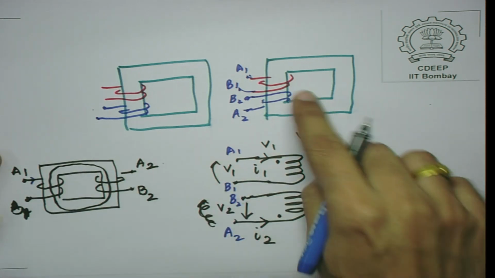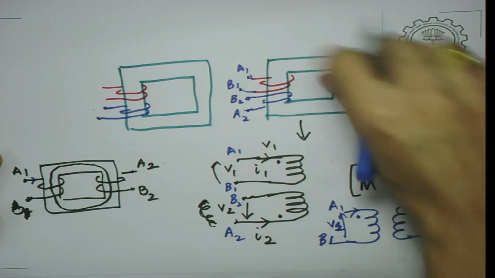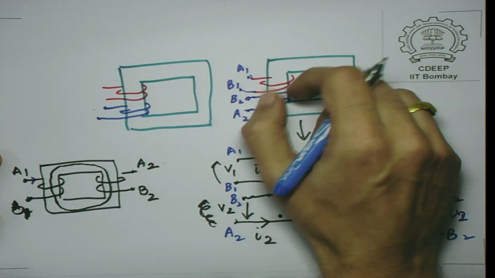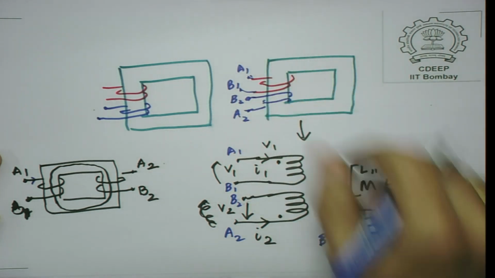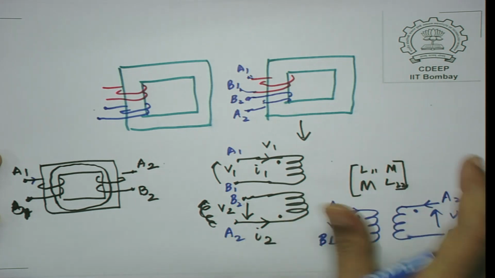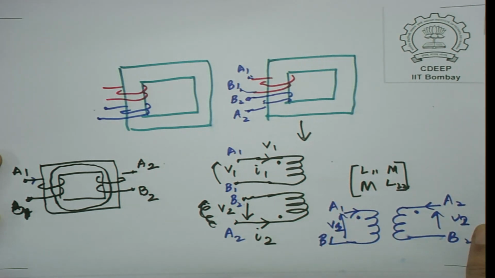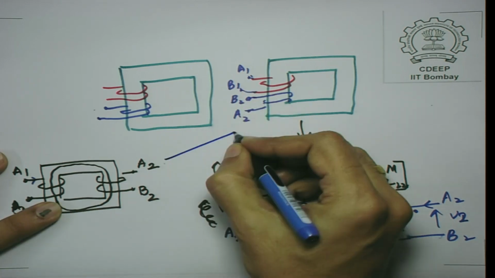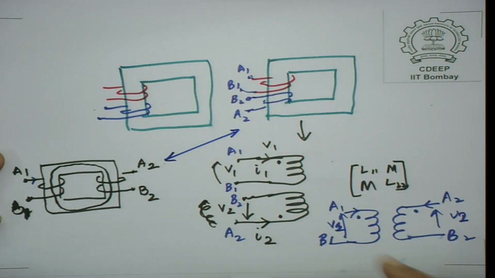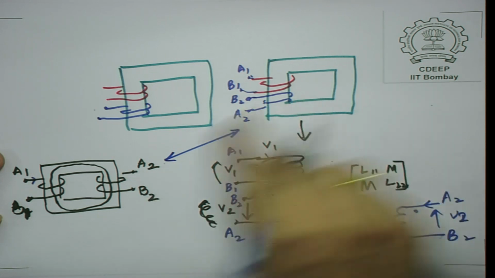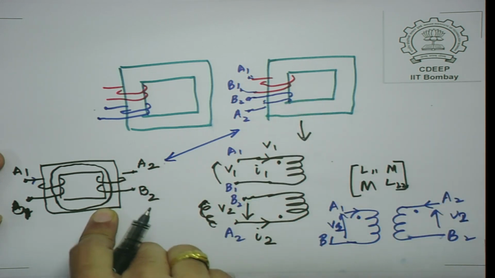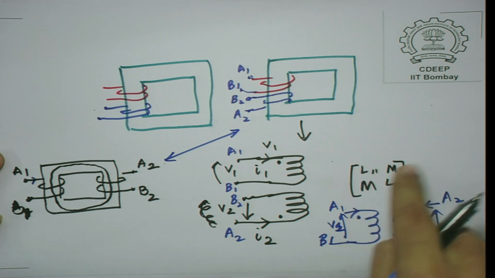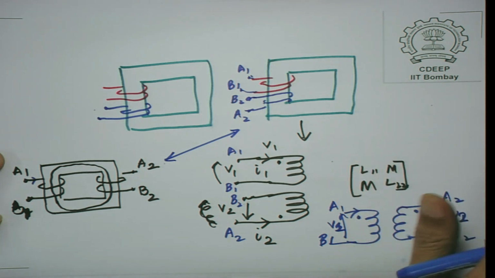So, it is best to picturize it in case you bring the coils onto the same limb. You can try to do that and you will get to the right answers as far as L and M are concerned. For this transformer, which is equivalent to this mutually coupled circuit, you will find all these L's and M's are going to come out to be positive, okay.